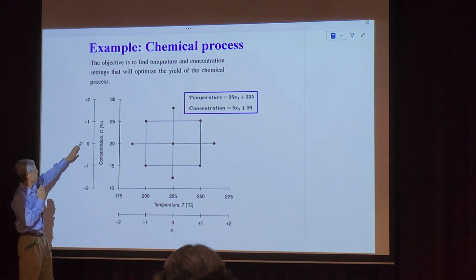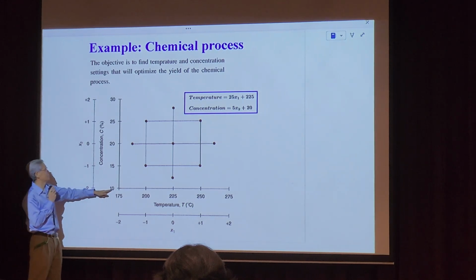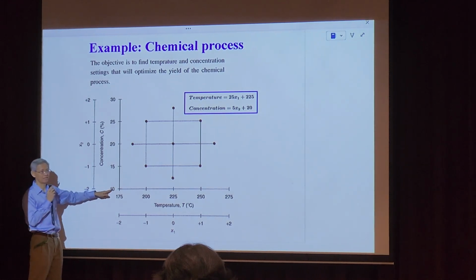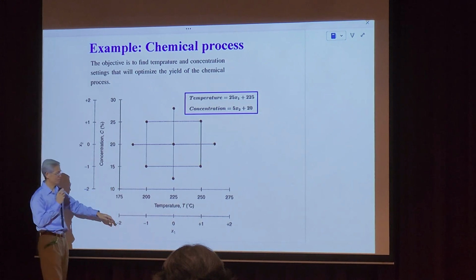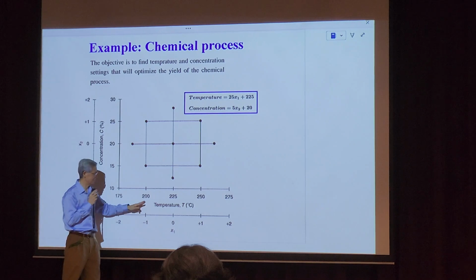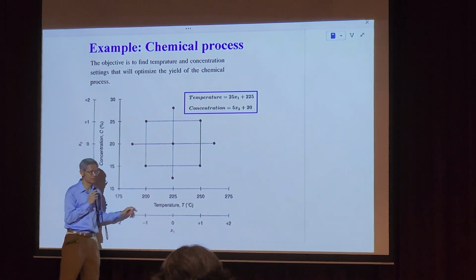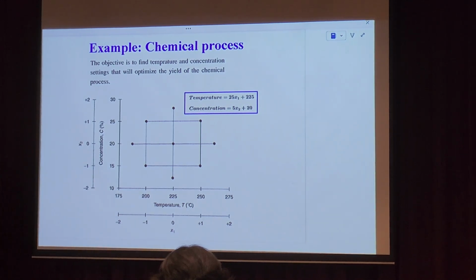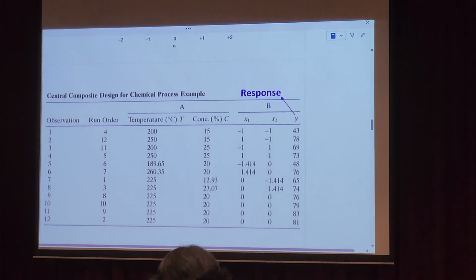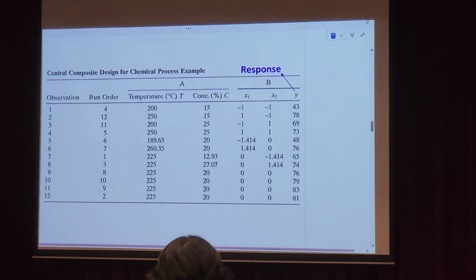So when I say x2 is -2, I'm saying that the concentration is 10. You got it? If temperature is -1, that means I'm setting the temperature as 200 degrees Celsius. So that's what I'm doing. Let's look at the data set to solidify the idea.